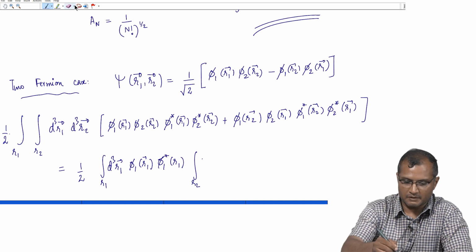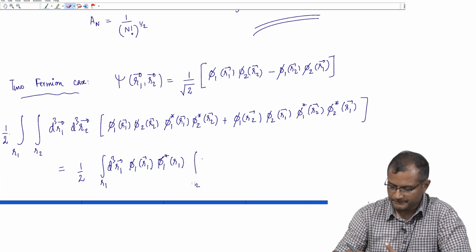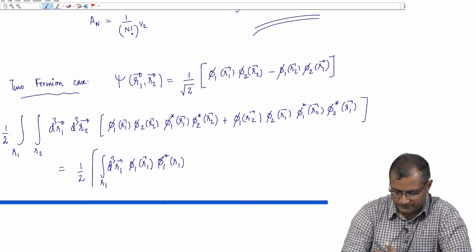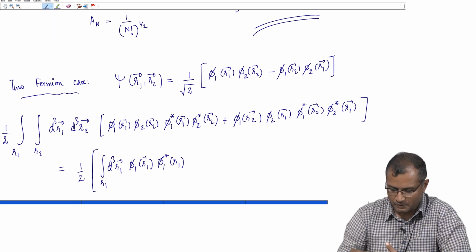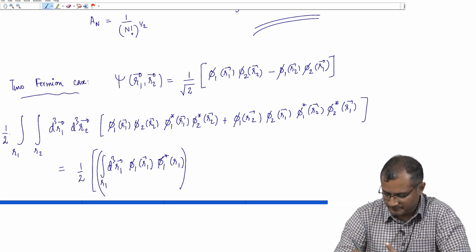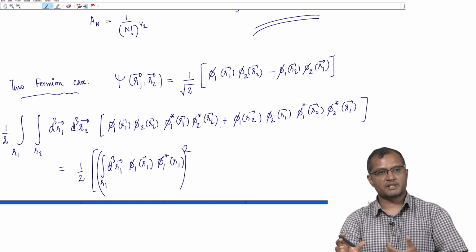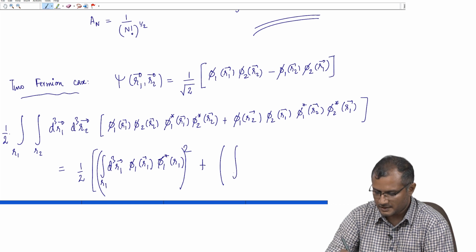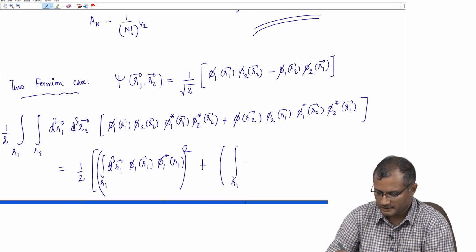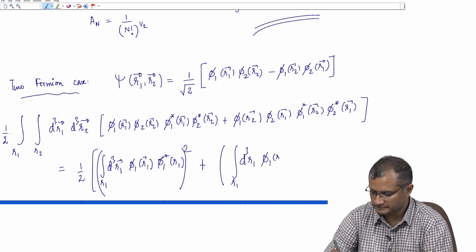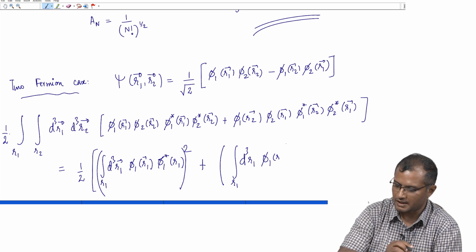I can simply write this as a square of this, okay, because these are independent integrals, plus integral on r1. I can do this integral on r2 if you want.